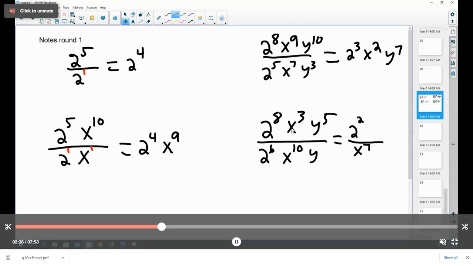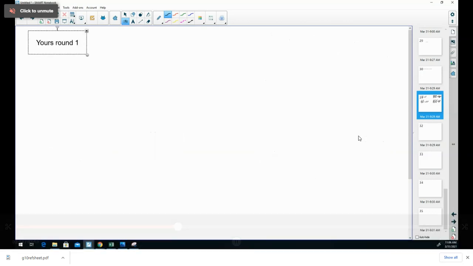Okay, so 3 x's cancel on the top, 3 cancel on the bottom, left with x to the 7th on the bottom. This is really y to the 1st, so we have 5 minus 1 is y to the 4th on top. Okay, so here now I have to have the fraction, because we couldn't cancel out the fraction. All right, so make sure you go back, pause, copy those.